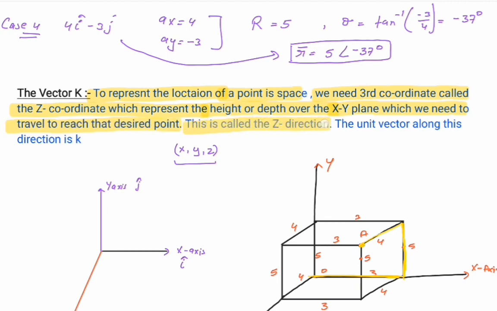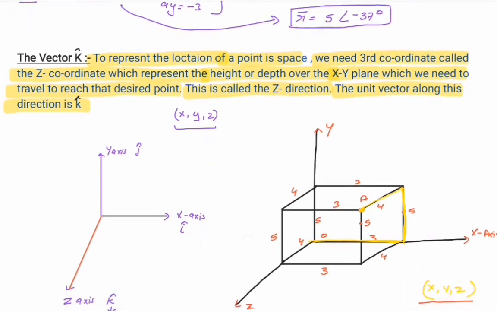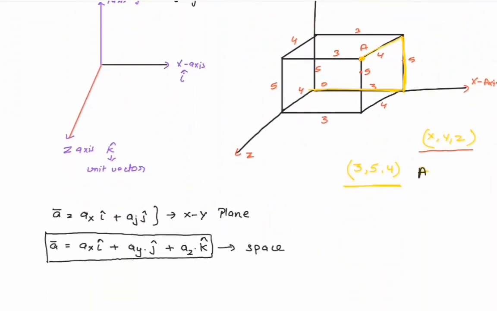This is called the z direction. The unit vector along the z direction is k cap, similar to i cap. For the x-axis, what is the unit vector? i cap. For the y-axis, it is j cap, and for the z-axis, it is k cap. This is the basic representation of any vector in space. You need to remember this.